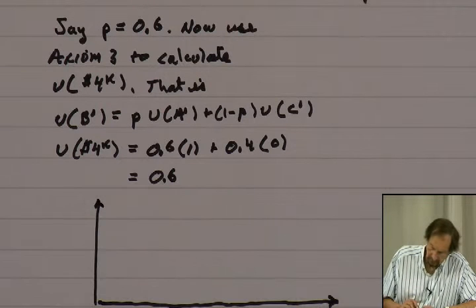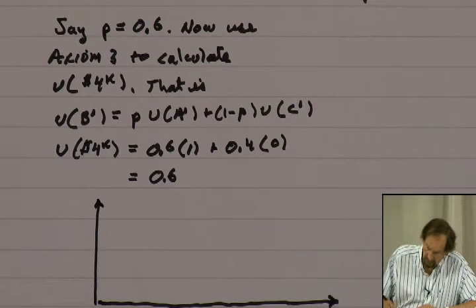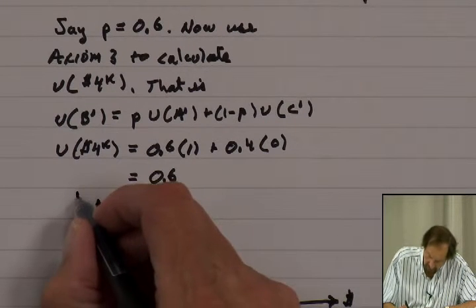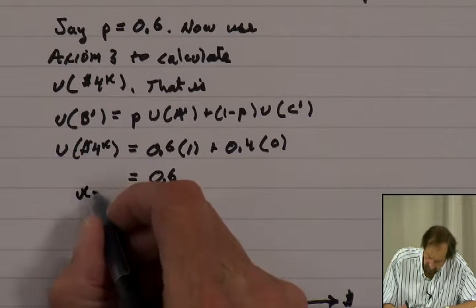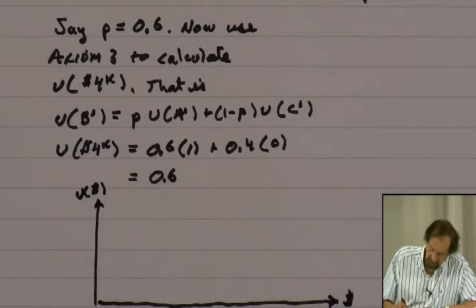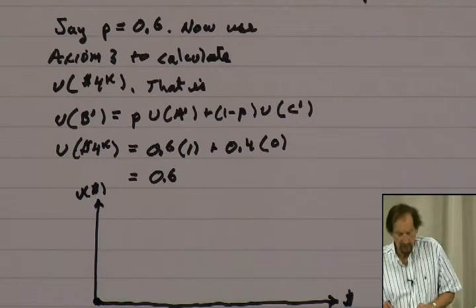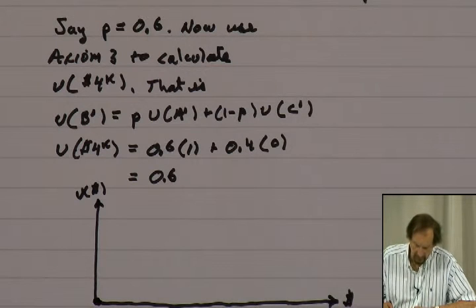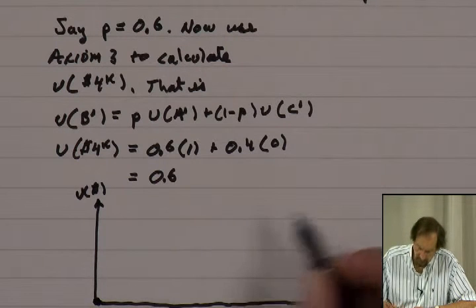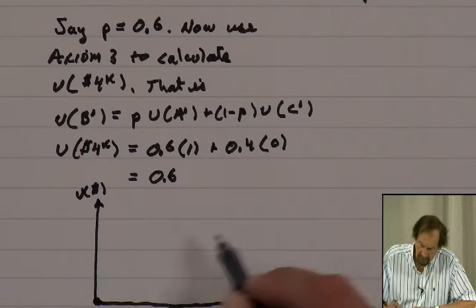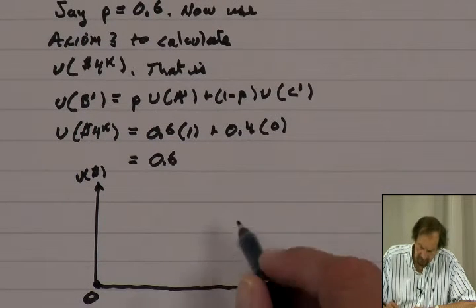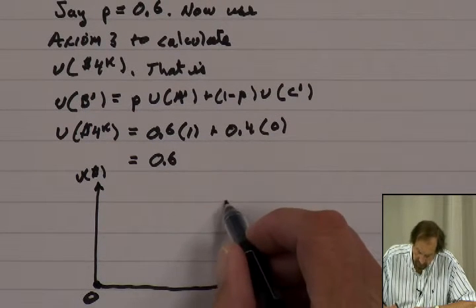So let's plot that here: dollars here and utility of dollars. We know that at $0, our utility is 0. And at $10,000, what is our utility? It's 1.